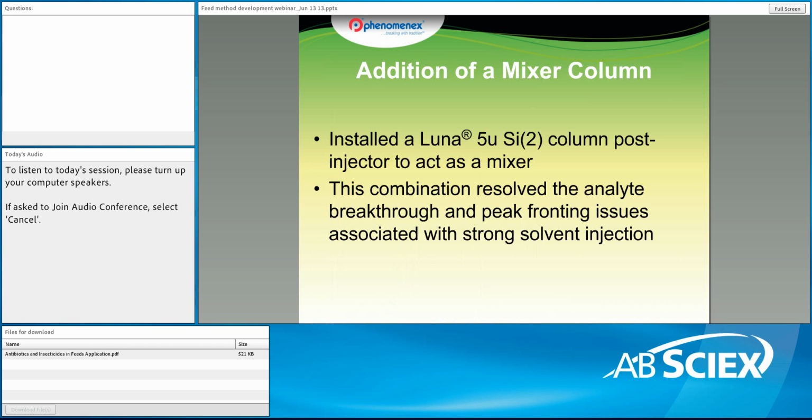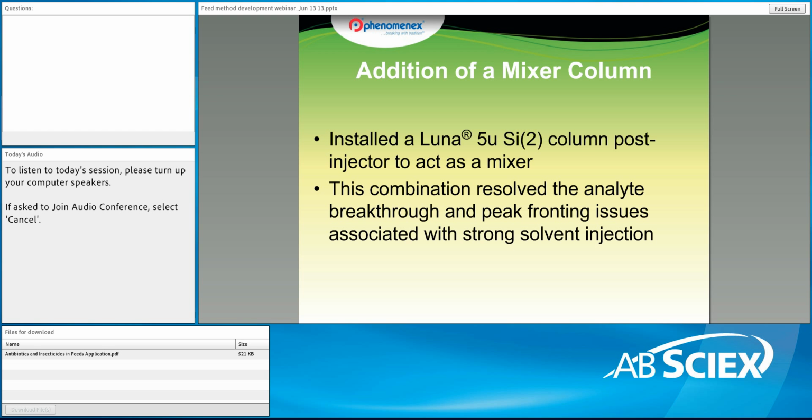The solution we came up with was, why don't we dilute the sample while it is traveling from the autosampler onto the analytical column? The solution was to insert a small silica column, in this case a Luna 5 micron silica, post-injector valve. As the plug of sample goes through this cartridge, it will begin to diffuse, and the organic solvent mixes with the mobile phase.